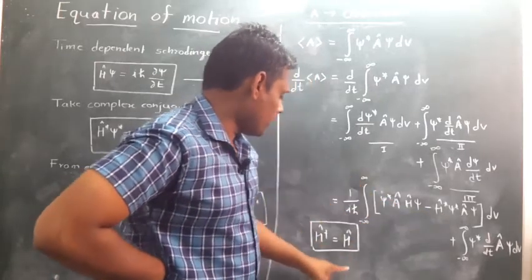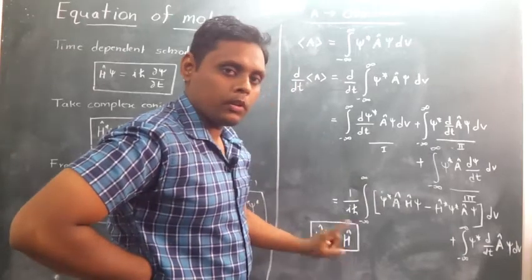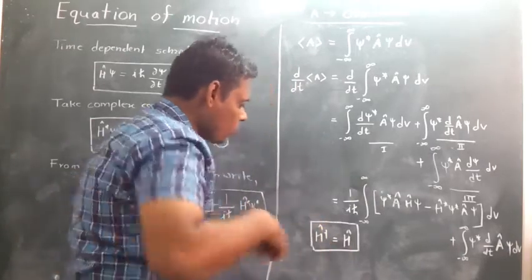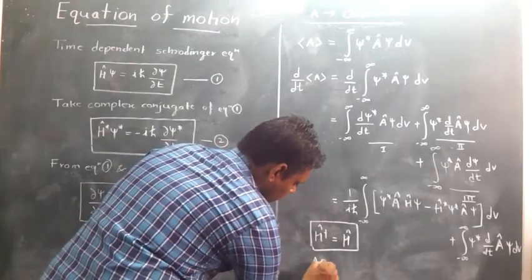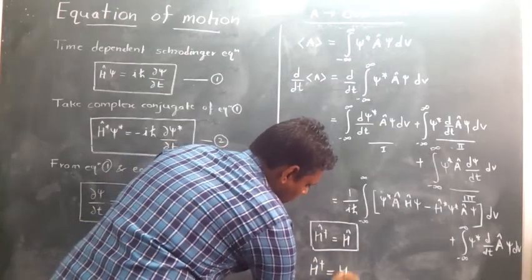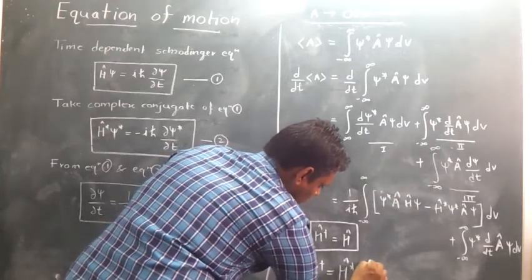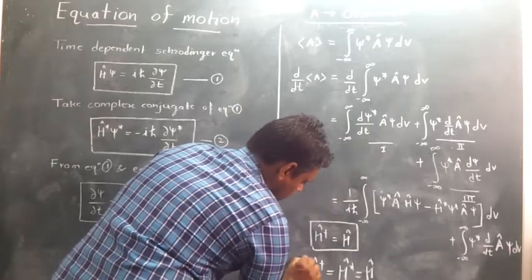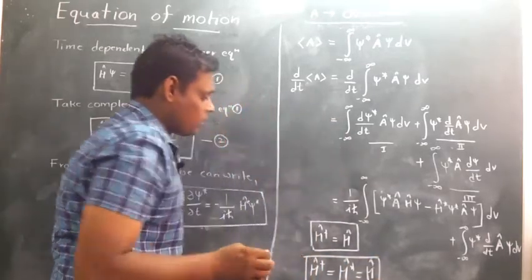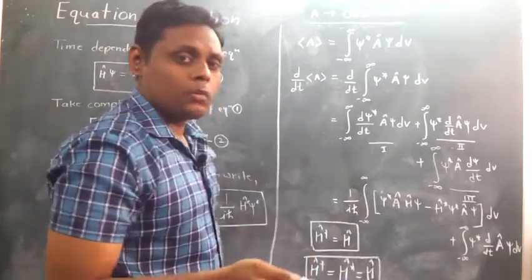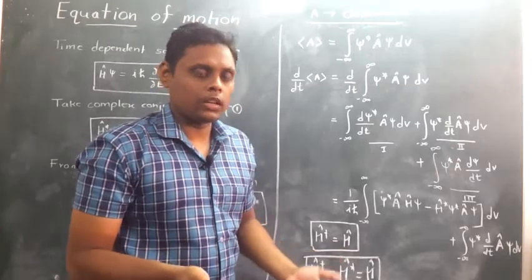So I am going to use this here. I am going to replace the H star by this H cap. What does H dagger mean? It is just the complex conjugate of the operator H. It may be a momentum operator, a position operator, or any operator we can take here.